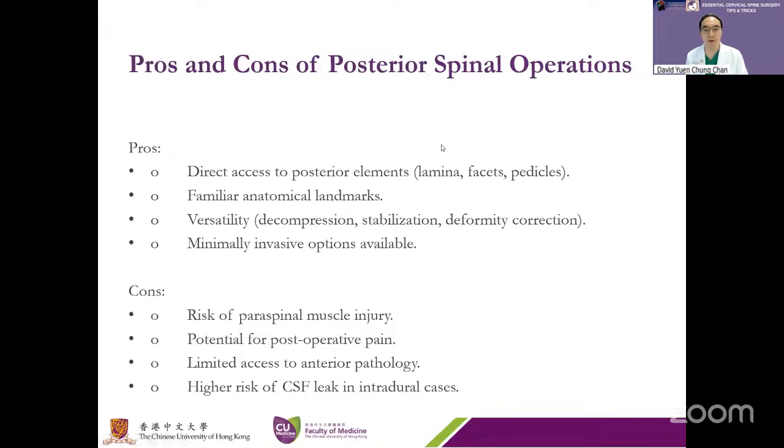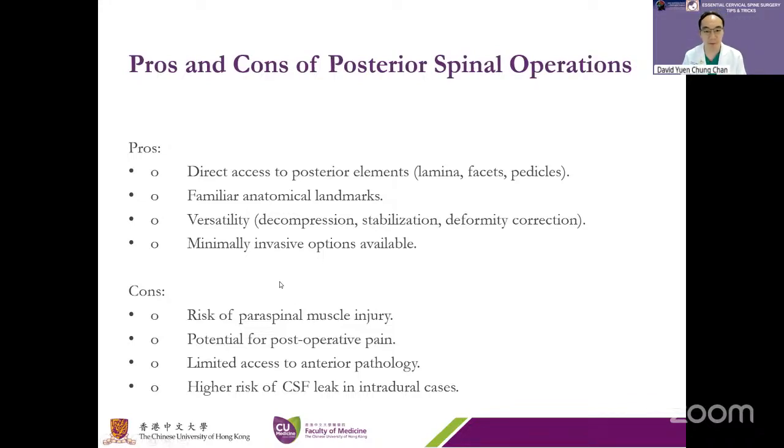So posterior spinal operation is a very versatile surgical approach. You have direct access to the posterior element, lamina, the facet joints, pedicles, and is more familiar to us, achieving decompression, stabilization, correction of deformity, and restoration of the sagittal and coronal alignments.